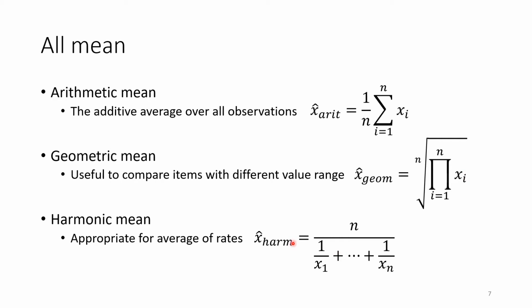And the harmonic mean would be the reciprocal sum of all parameters, and you have the number of samples divided by this sum. What are all those kinds of means good for? I mean, that's just formulas. You can calculate those.